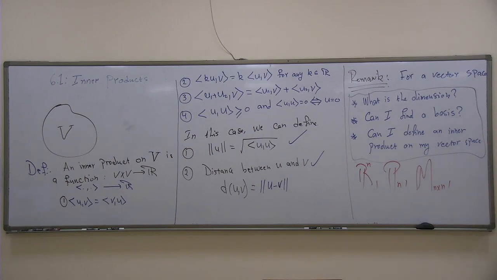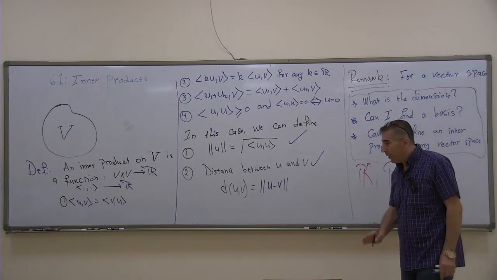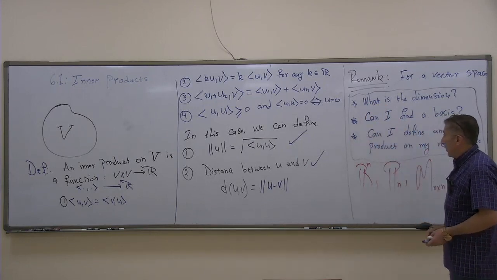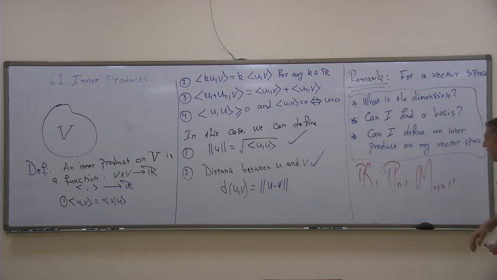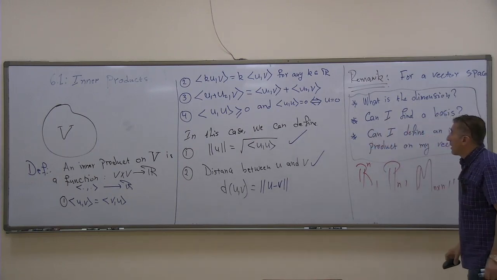What other vector spaces did we talk about? We talked about a couple more examples. It doesn't matter which vector space you have. You need to think about each one of those questions. All right. So now let me go back and give some examples.